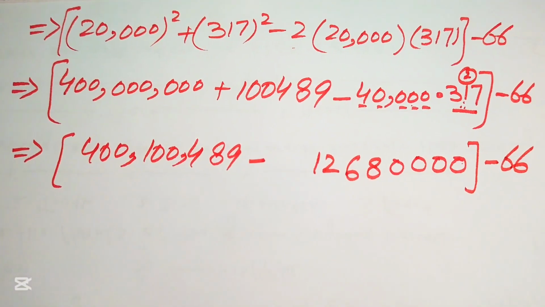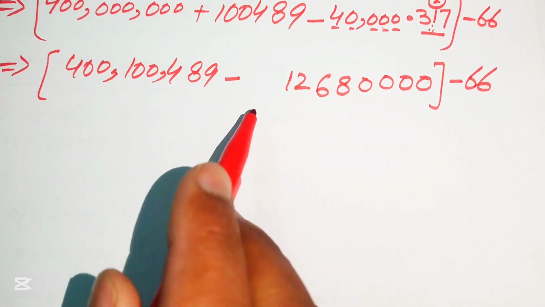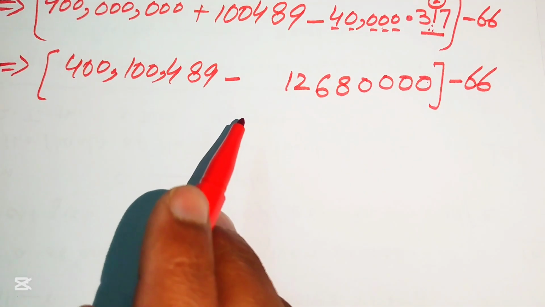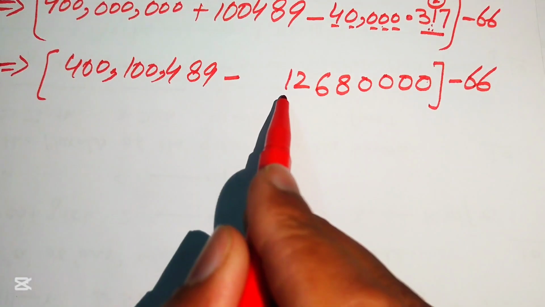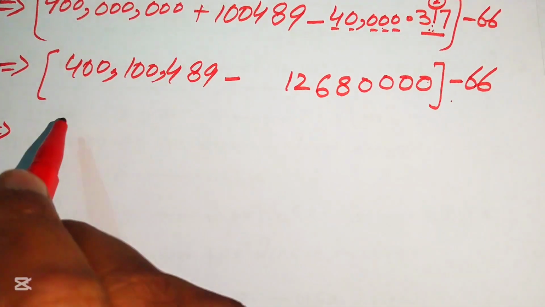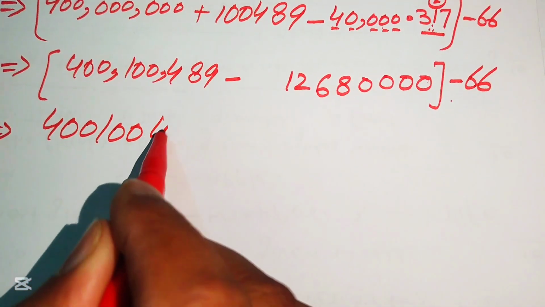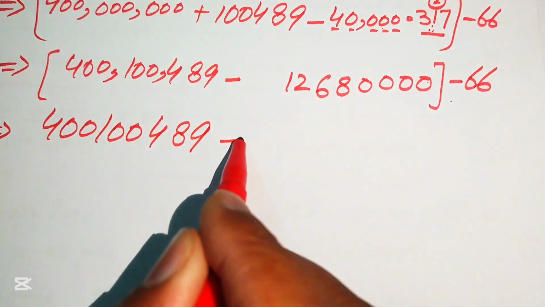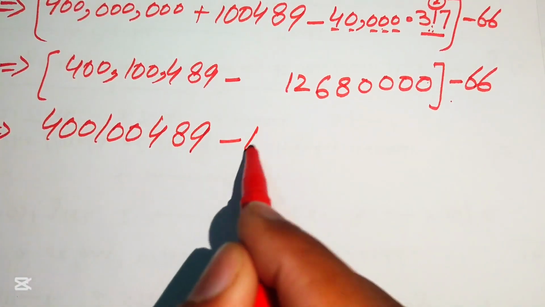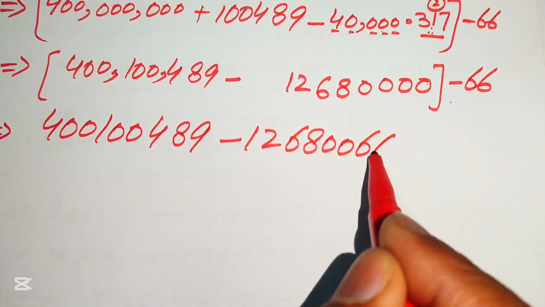So when you subtract these two numbers, then we will obtain the result. But now you see, this is a negative number and a negative term, so we add these two values, and it will be written as 400,100,489 minus 126,800 and 66.